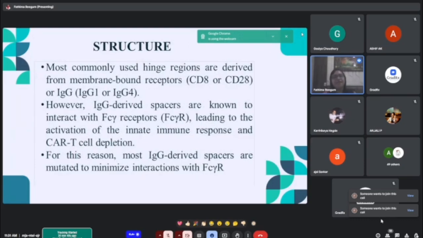Hinges have been derived mainly from CD8, CD28, and also from various types of immunoglobulins, especially IgG. But the point to be noted is that IgG derived spacers will cause inactivation or depletion of CAR cells. So when we are using this IgG derived spacer, mutations of the IgG will take place to minimize the interaction with the Fc gamma receptor.